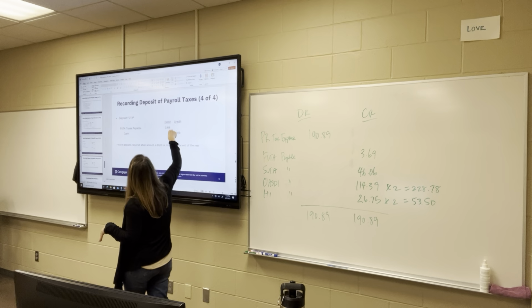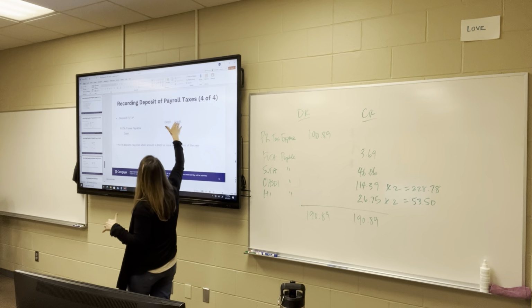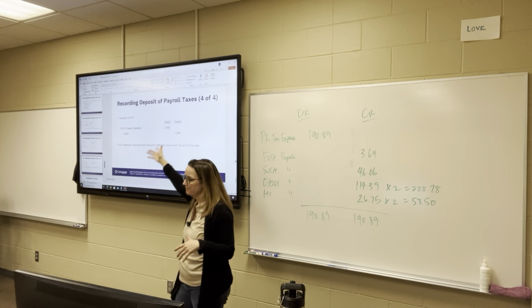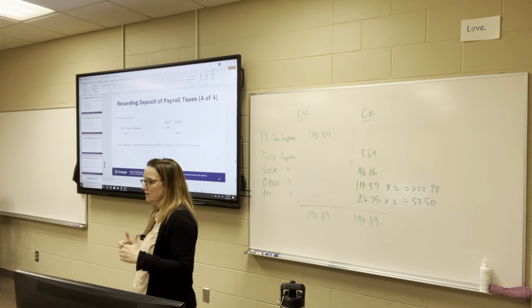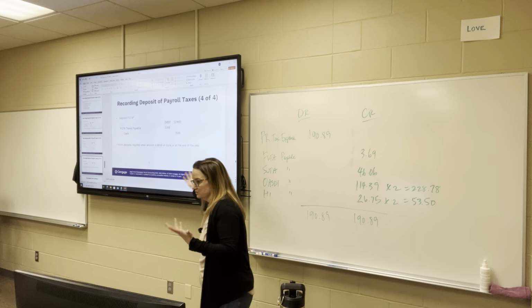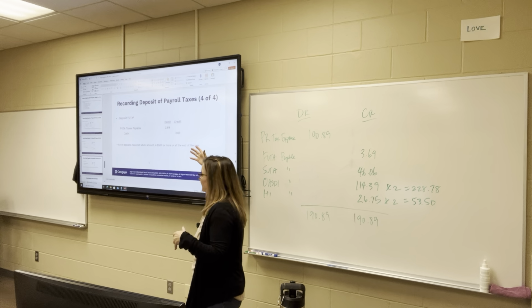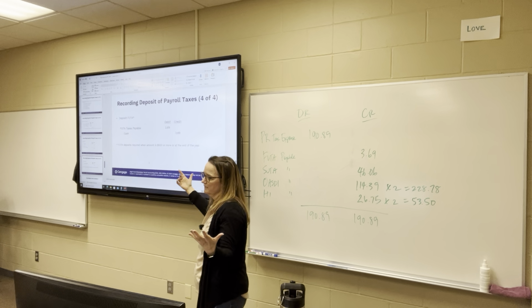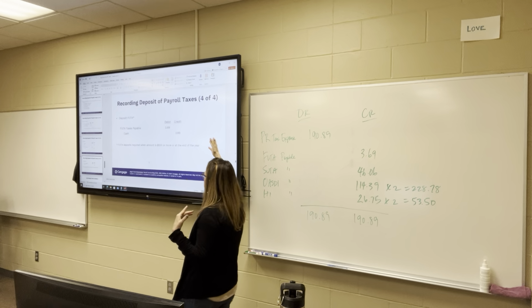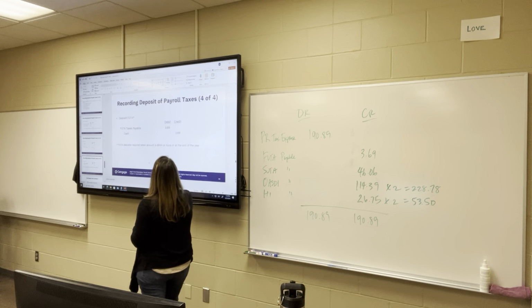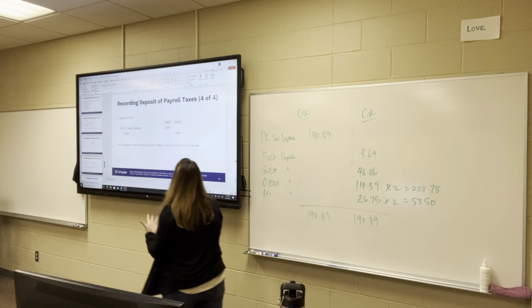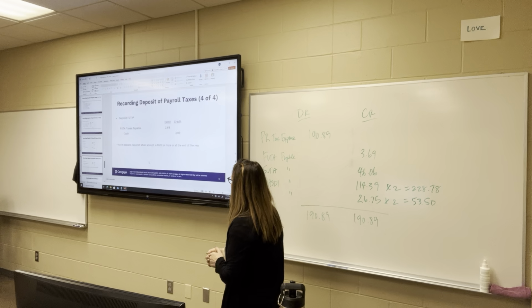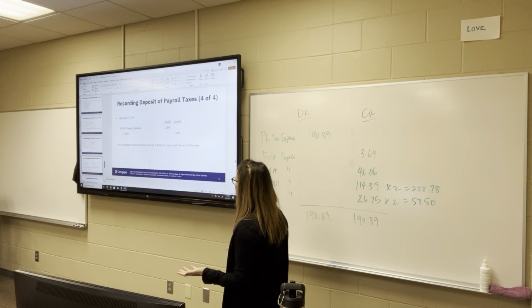Otherwise, what would have happened is during the year, we would have accumulated more and more of a credit in that payable account. And if we're paying it all at the end of the year, it's going to be more than just that $369, because this only pertains to one pay period. If they're paid on a weekly basis, we'd have 52 pay periods, and that would have accrued a bunch of liability in that account that then needs to be paid out.